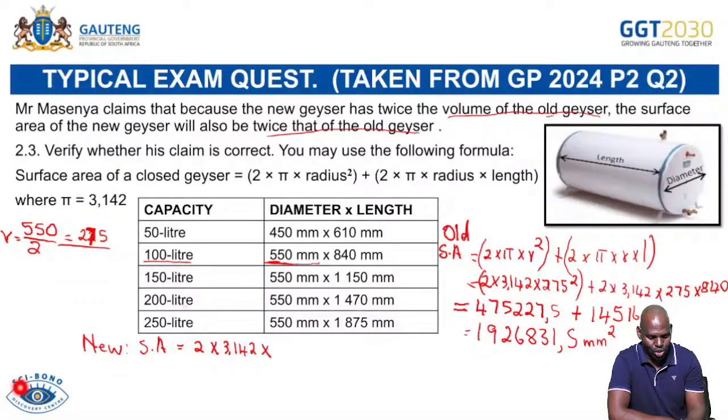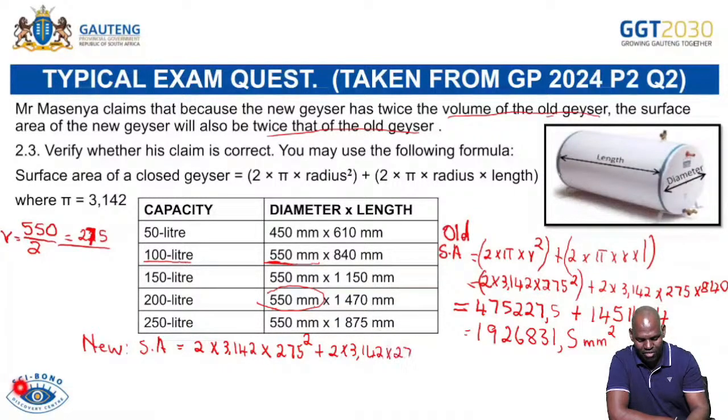Let us look at the 200 liter. Our radius is still 275 because it's 550 divided by 2. I don't have to show that calculation again. So it's still 275 squared, and then it's plus. The second part is 2 times 3,142 times 275.